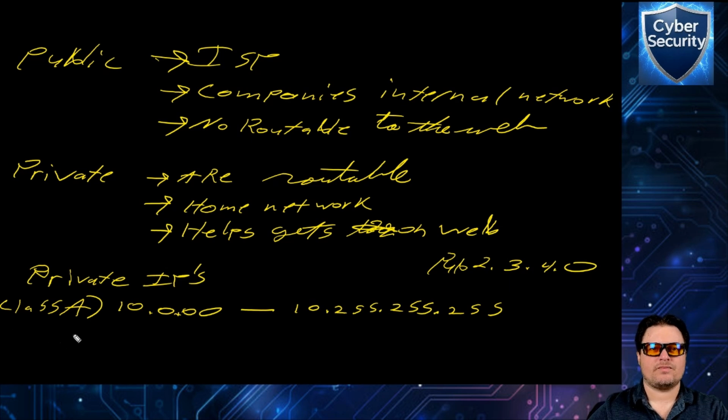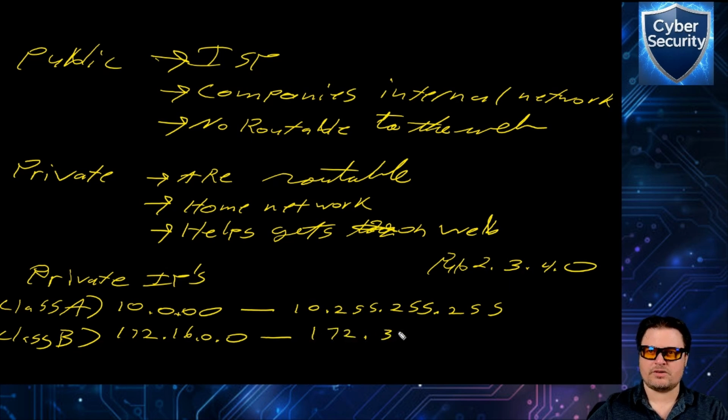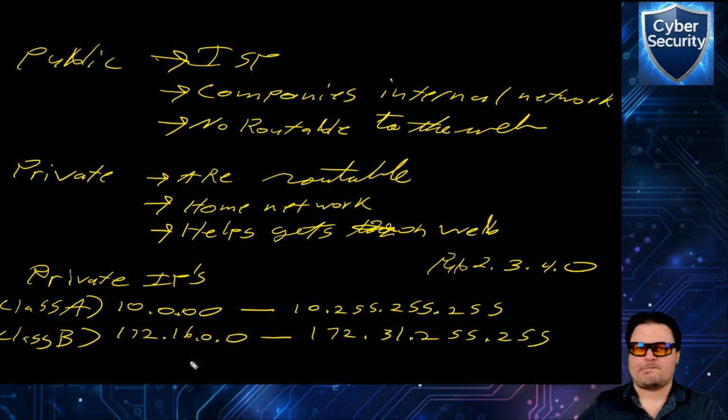Then you got your Class B address range, which is 172.16.0.0 through 172.31.255.255.